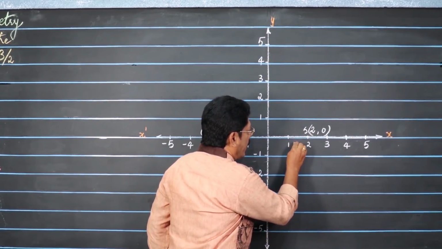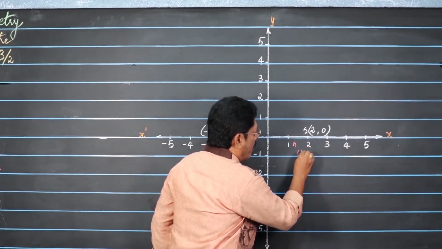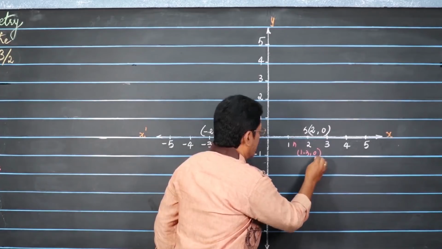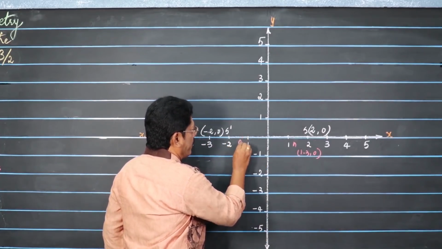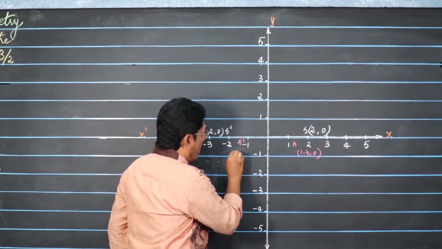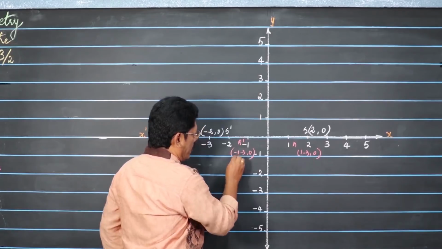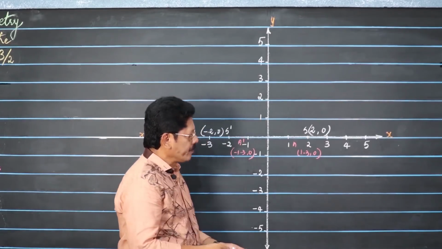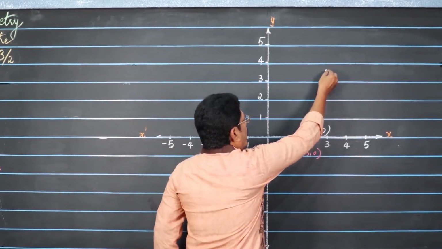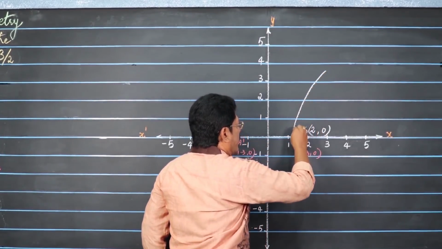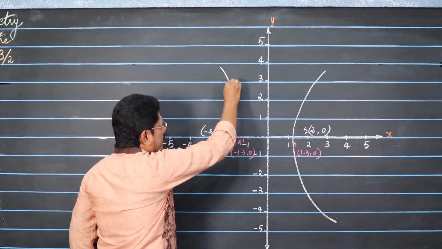Therefore, A is 1.3, 0 and A dash is minus 1.3, 0. Now, the curve of the hyperbola will cut at the vertices and similarly over here.